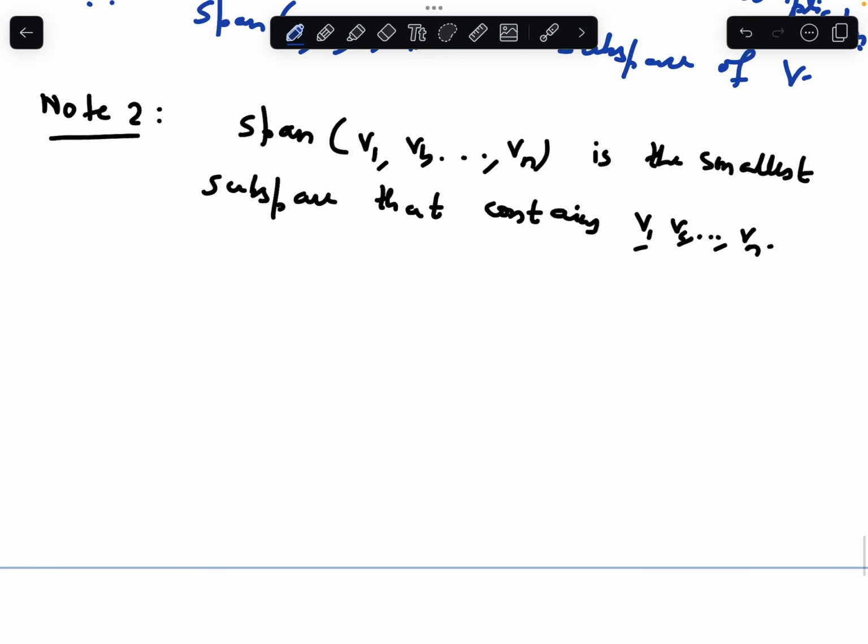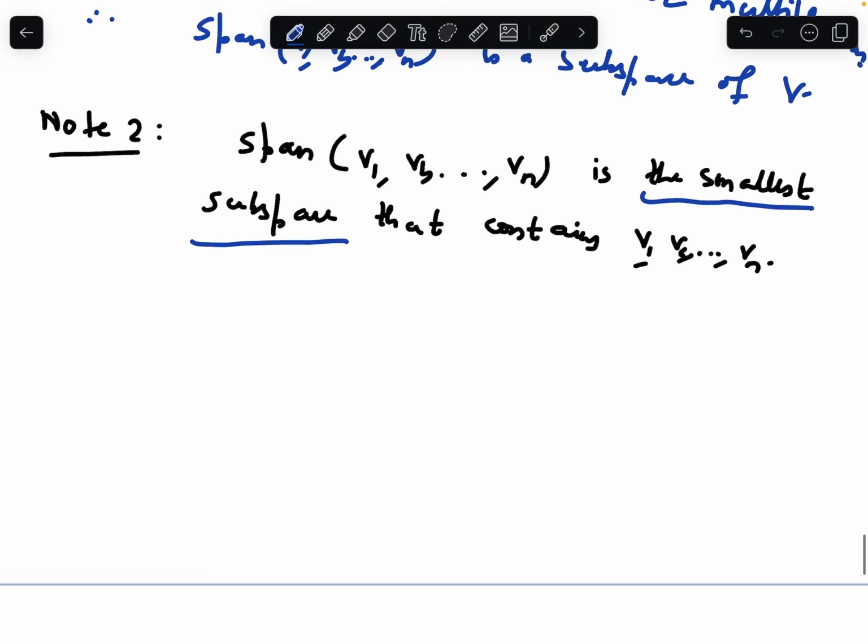What is the meaning of the smallest? So we know that span is a subspace. So this part is clear. And we also know that this span contains V1, V2, and Vn. This is also fine. You understand why span contains V1?